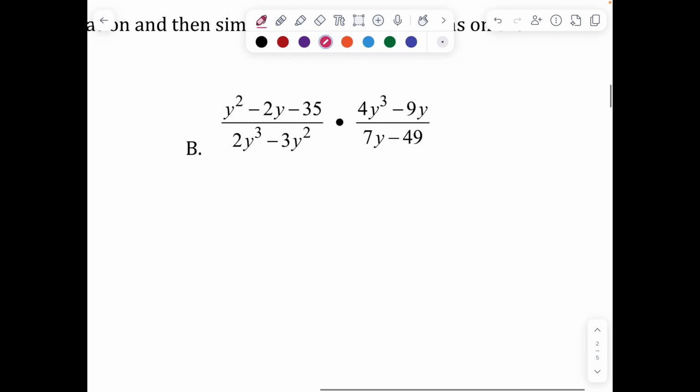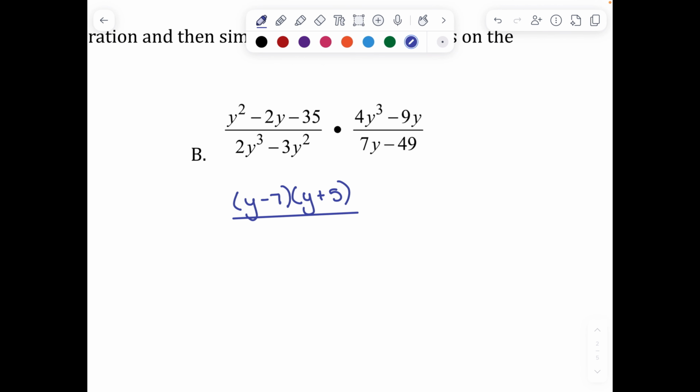Okay, B. We have y squared minus 2y minus 35 over 2y to the third minus 3y squared times, so we're now multiplying instead of just simplifying, 4y to the third minus 9y over 7y minus 49. So I'm going to go ahead and factor my numerator. So this factors into y minus 7 times y plus 5 over, we can factor out a y squared.